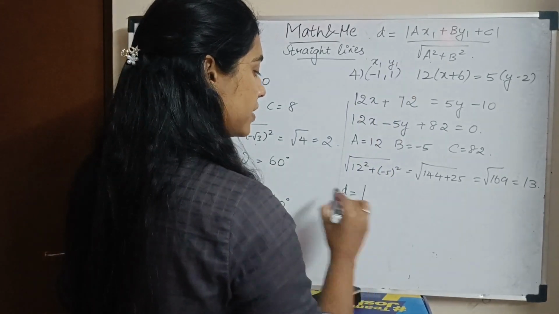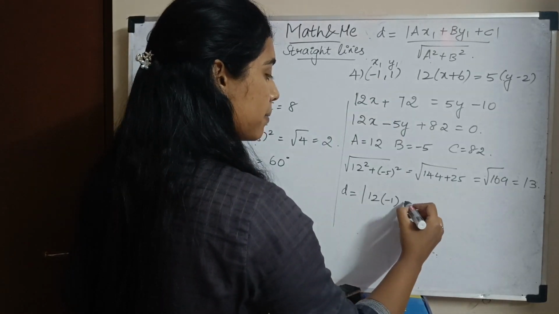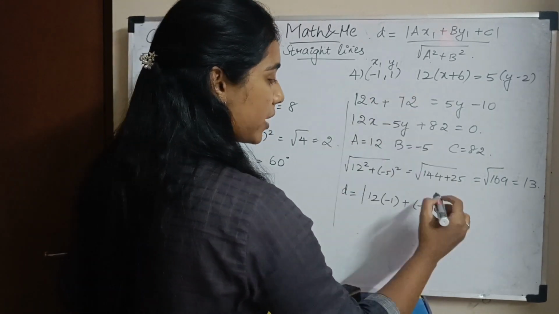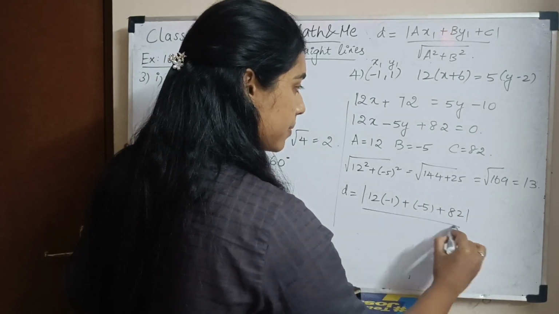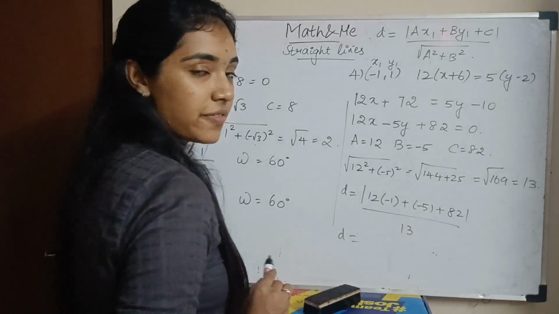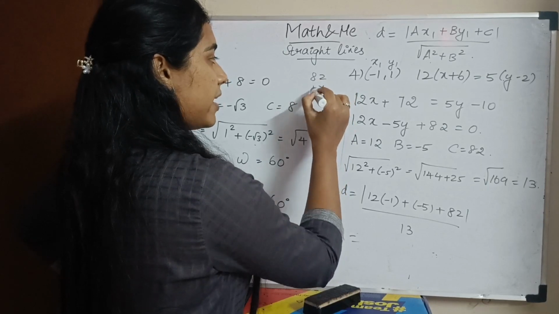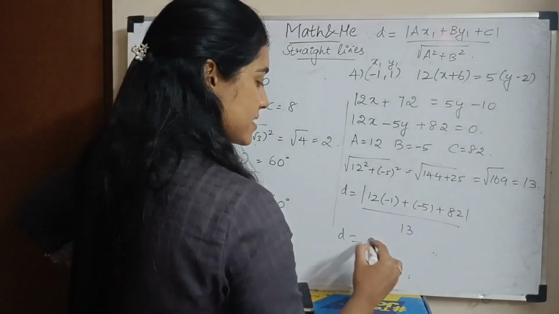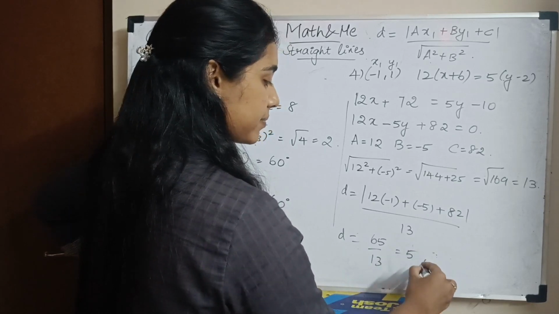Substituting in the formula, you have d equals 12 times x1 plus b times, don't forget the brackets, y1, which is just 1, plus c, 82, divided by 13. What do I have? I have minus 12 minus 5, which is minus 17. 82 minus 17 is 65. 65 divided by 13 is 5. That is your final answer.